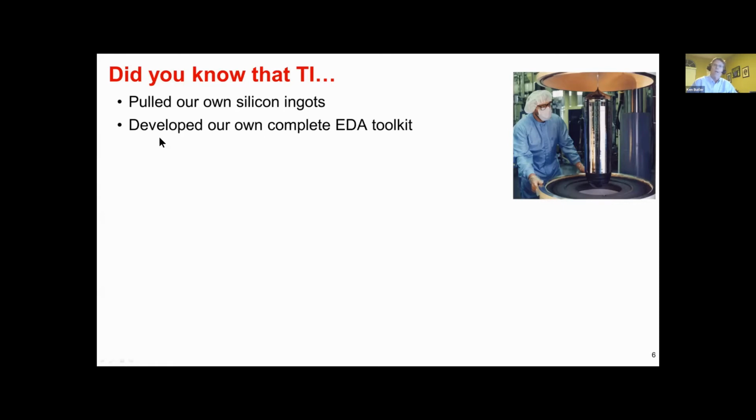We developed our own complete EDA toolkit. Today you have companies like Synopsys and Mentor that you can buy tools from, but back in the early days, we had to create all those tools ourselves. We built our own wafer fab equipment. There was no such thing as Applied Materials and KLA-Tencor and other companies like that back in the day, so we made our own implanters and reactor equipment.